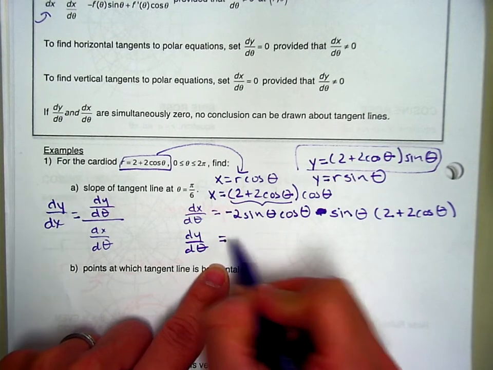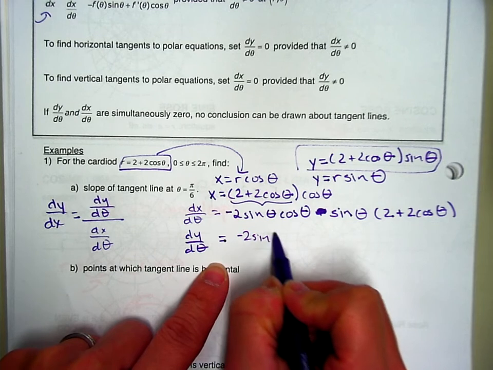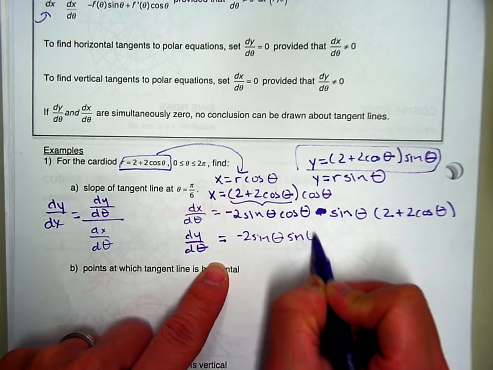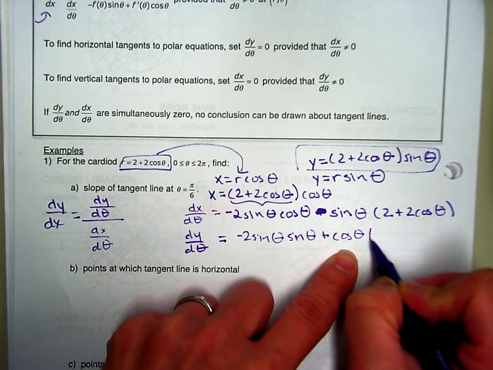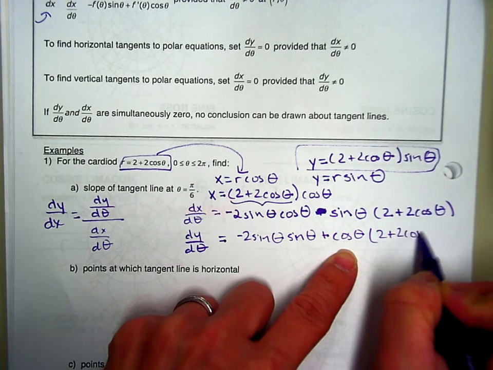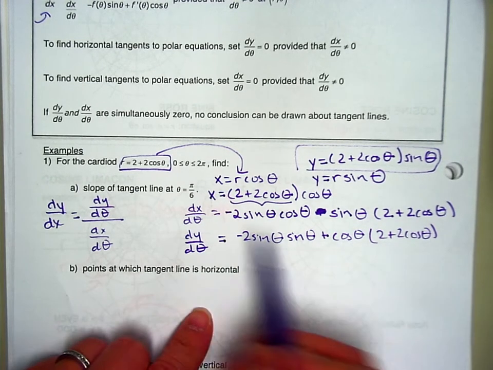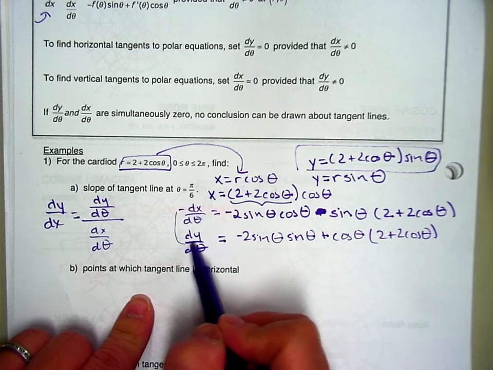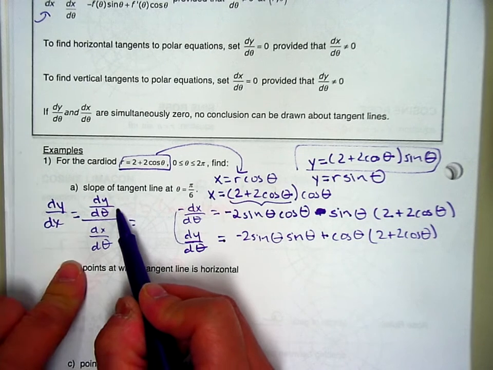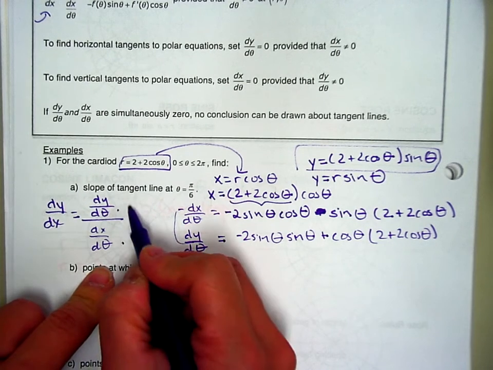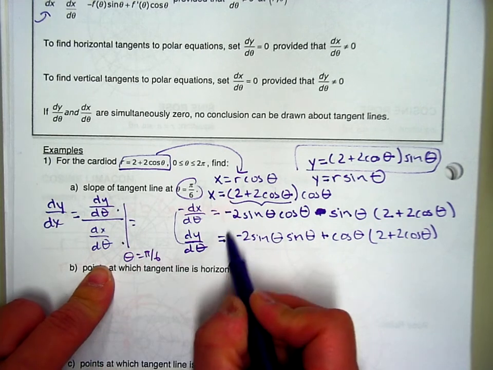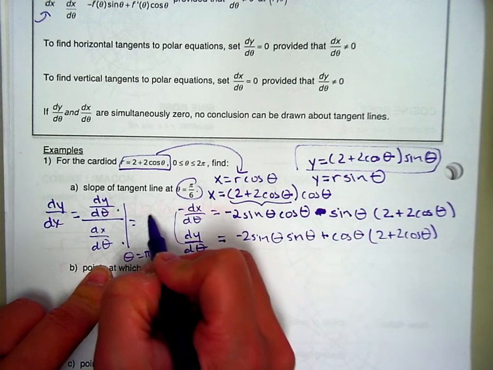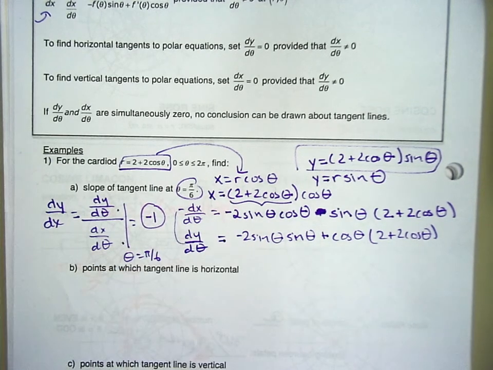Derivative of the first is negative 2 sine theta times the second, plus the derivative of the second, which is cosine of theta, times 2 plus 2 cosine theta. Now I'm going to take these two equations and do dy/d theta over dx/d theta, and I want to know what happens at theta equals pi over 6. If you plug in pi over 6 and simplify your answer, you should get negative 1 as your slope.